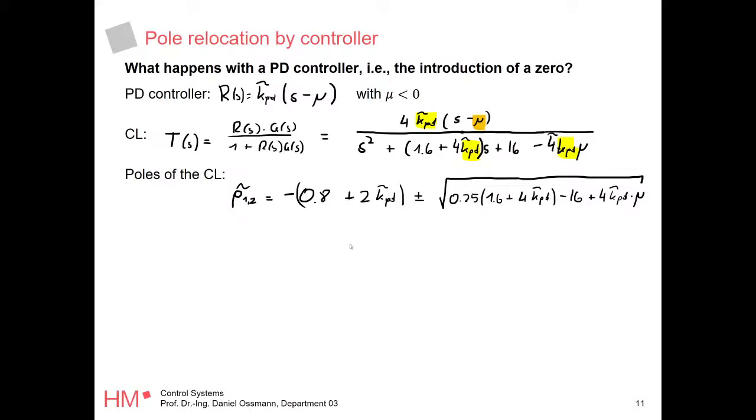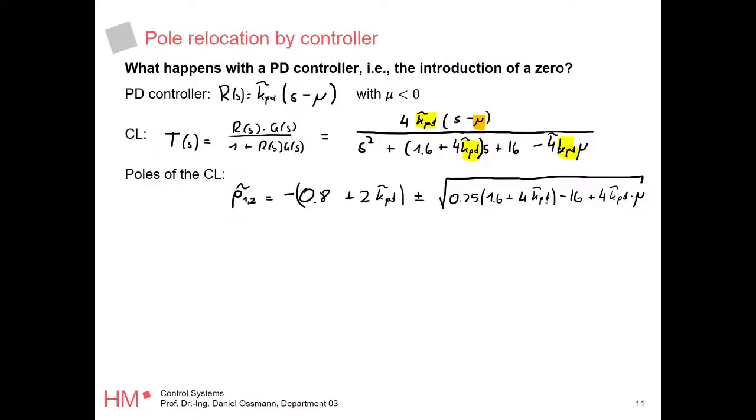And actually it's not so clear what the real and imaginary part is, because now we cannot simply say, hey, this guy is going to be the imaginary part, because technically this guy can get positive, right? If you just make kpd large enough, this guy will get positive. The only negative thing here is this minus 16.